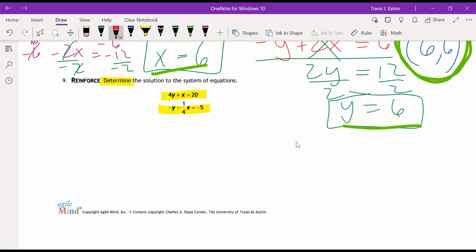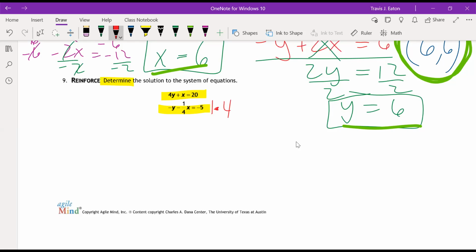Let's get rid of our y. My plan is to take the second equation and multiply the whole thing by 4. If I multiply the bottom equation by 4, I'll end up with negative 4y, which will cancel out the positive 4y in the top equation.